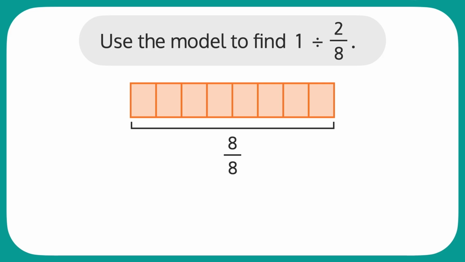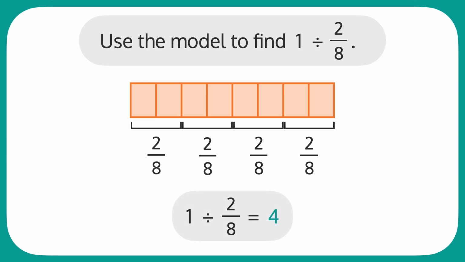We can divide 8/8 into groups of size 2/8 and see how many groups there are in all to find our answer. Here's 1 group of 2/8, 2 groups of 2/8, 3 groups of 2/8, and 4 groups of 2/8. The answer is how many groups we have. So we created 4 full groups of 2/8, meaning 1 divided by 2/8 equals 4.